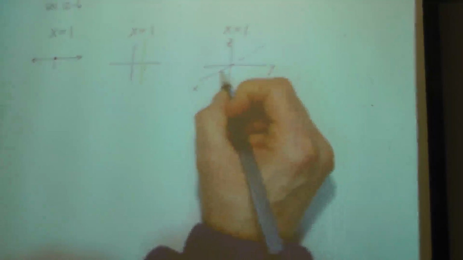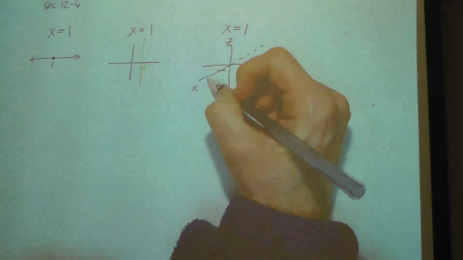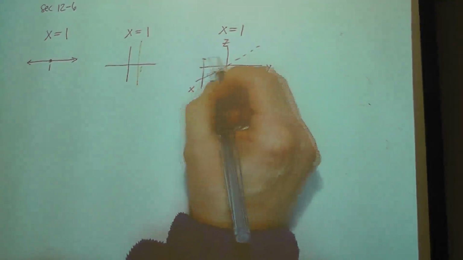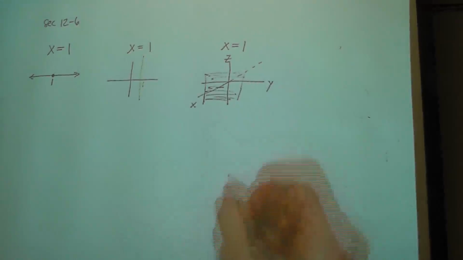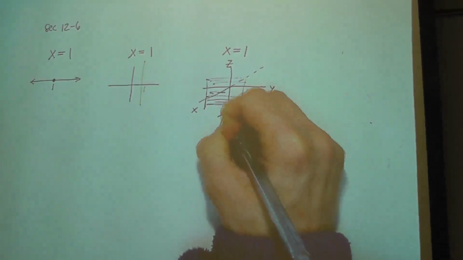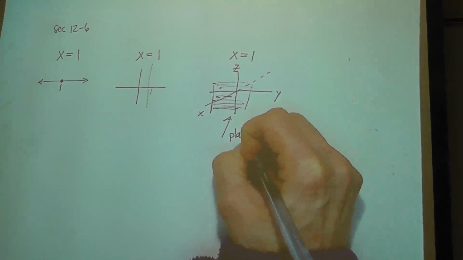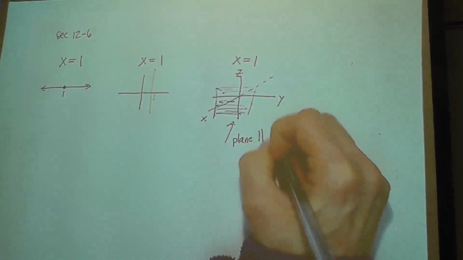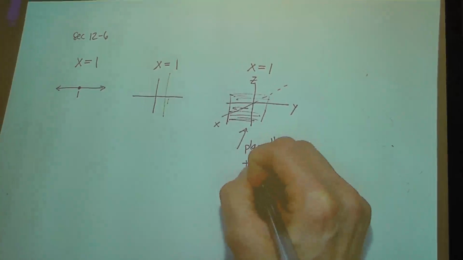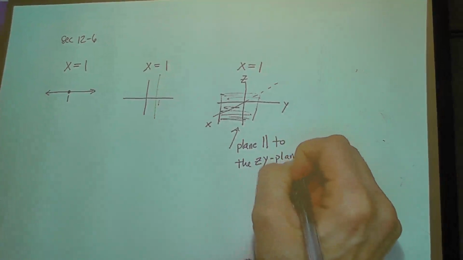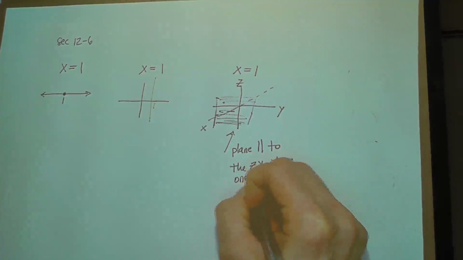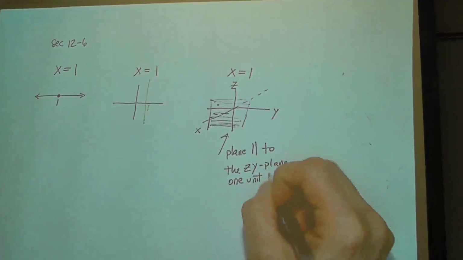So this would be the plane. I don't know how to draw this real good, but this is what I do know how to say. This is going to be a plane which is parallel to the zy plane, 1 unit out from the paper.